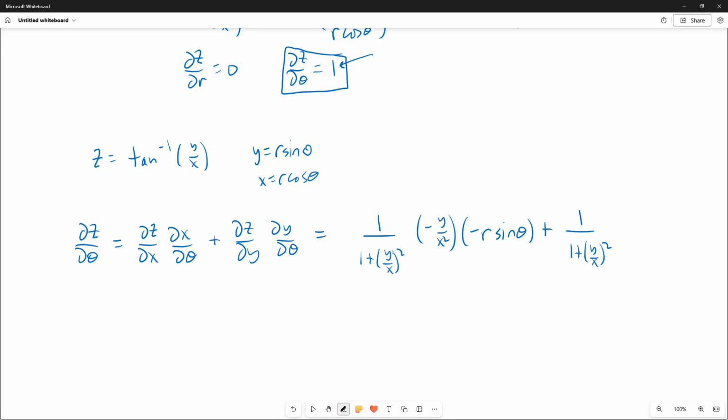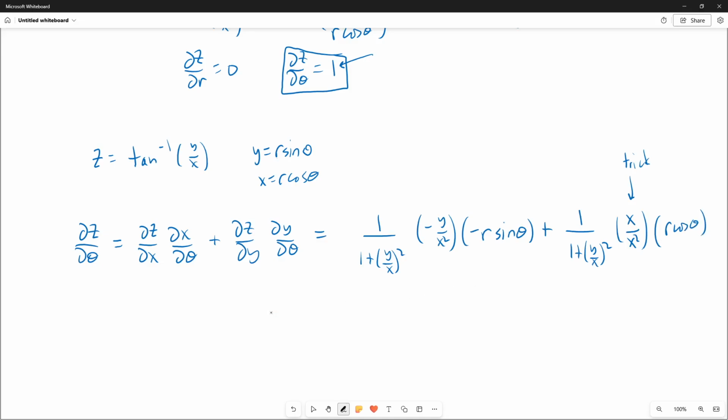And then the derivative of the inside, which is y over x, was 1 over x. And we'll write the 1 over x again here as x over x squared. That was our little trick. 1 over x is the same as x over x squared. We would like to distribute an x squared across the denominator. And then the derivative of y with respect to theta is r cosine theta.